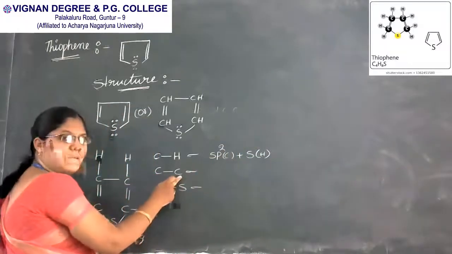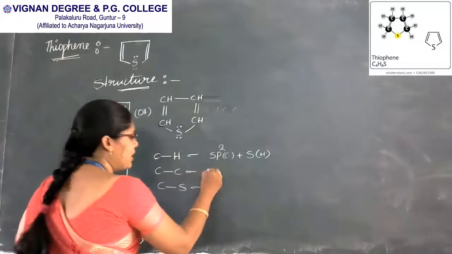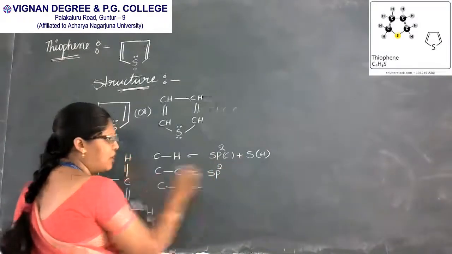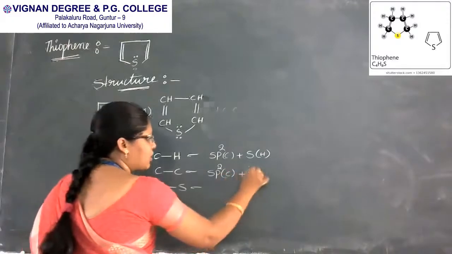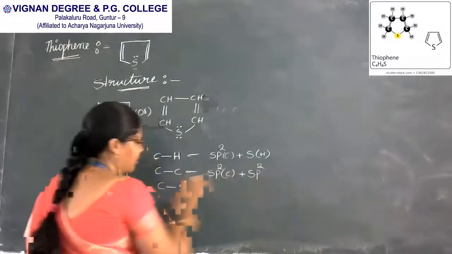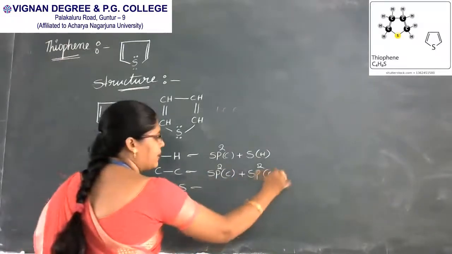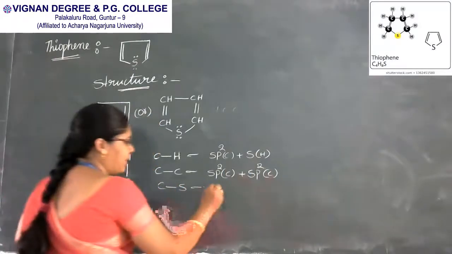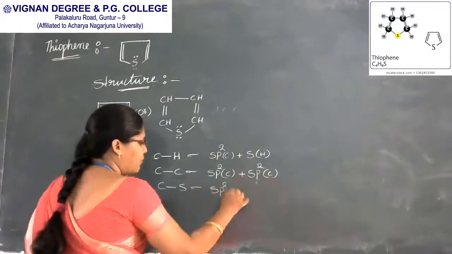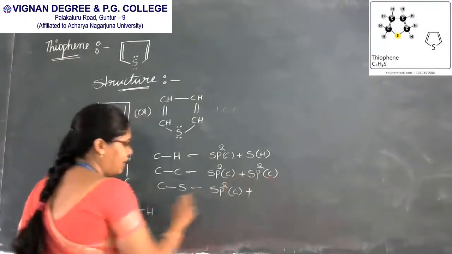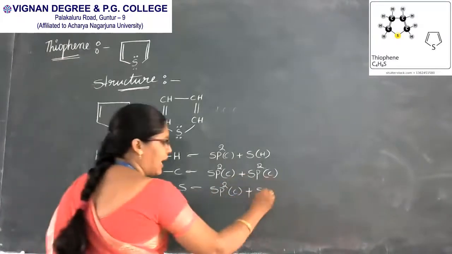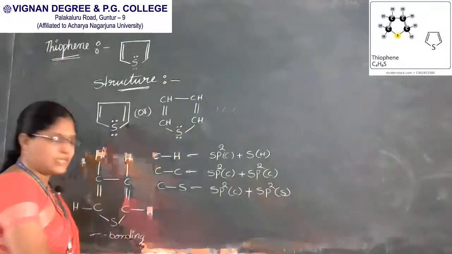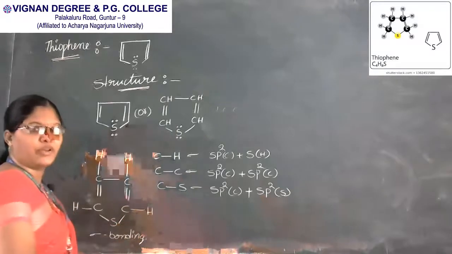The carbon-carbon sigma bond is formed by the overlapping of sp2 hybrid orbitals of two carbon atoms. The carbon-sulfur sigma bond is formed by the overlapping of an sp2 hybrid orbital of a carbon atom with an sp2 hybrid orbital of the sulfur atom. This is the sigma bonding in thiophene.